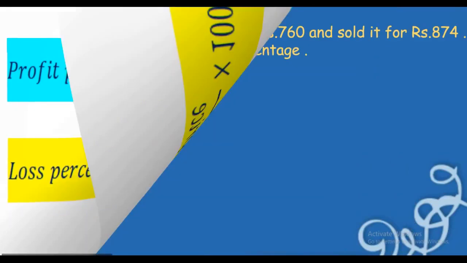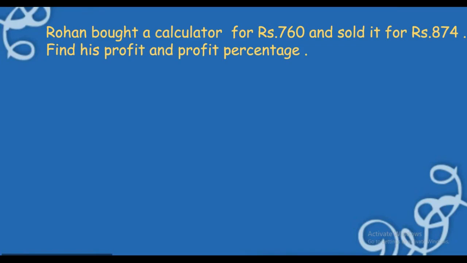Let us do some problems related to it. Rohan bought a calculator for rupees 760 and sold it for rupees 874. Find his profit and profit percentage. Rohan bought a calculator for rupees 760, which means the cost price of the calculator is rupees 760.